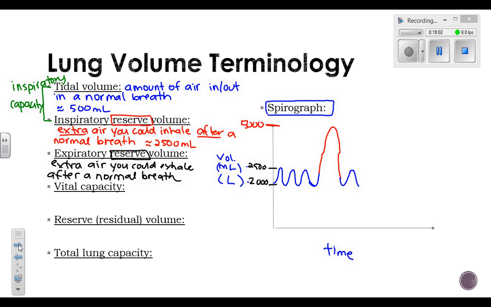So, I'm going to make my expiratory reserve. I want you to notice that I, on purpose, did not make it touch the bottom of the graph, and I quite purposefully made it smaller than the inspiratory reserve.